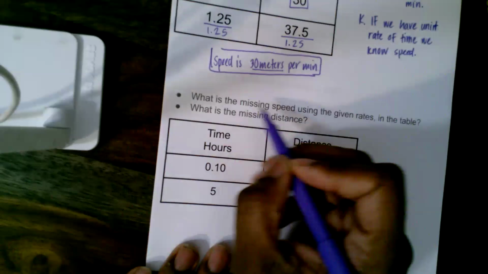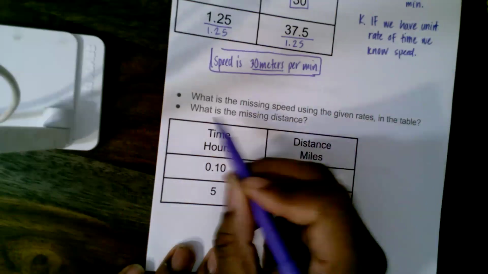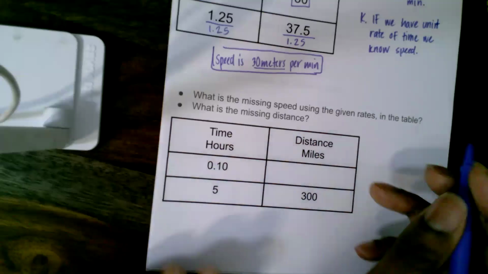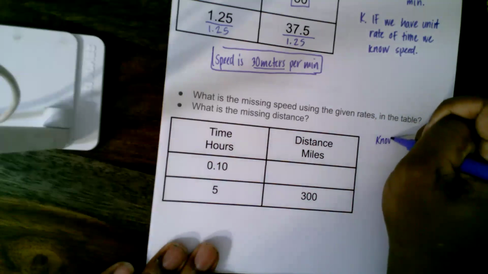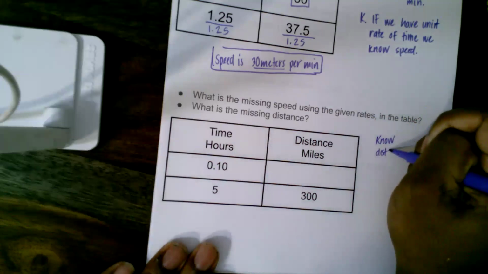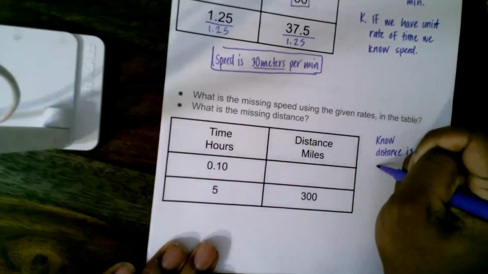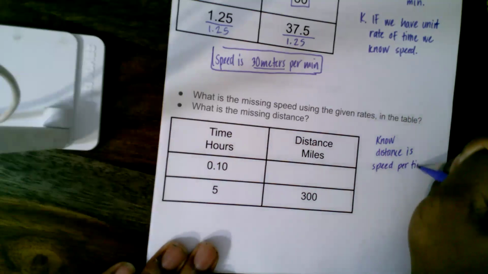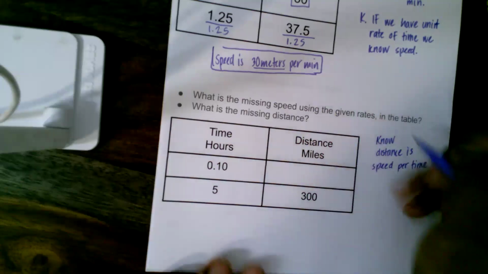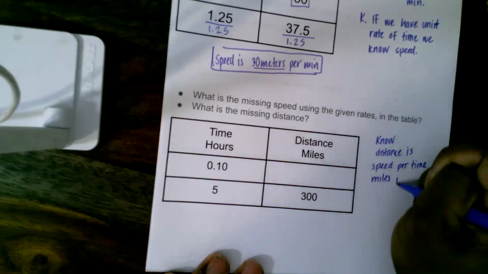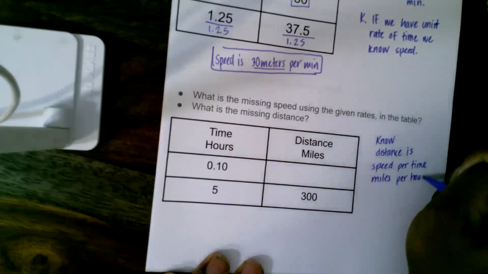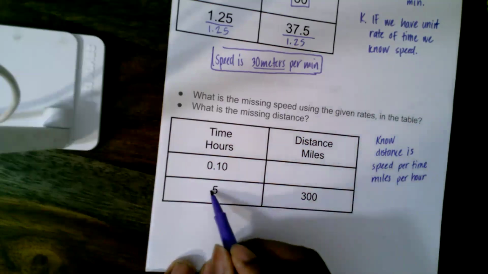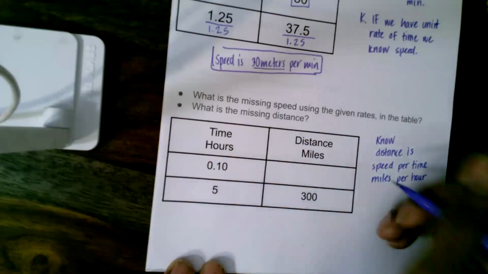What is the missing speed using the given rate in the table? What is the missing distance? But we know that distance is speed per time. And in here, the speed is miles per hour. We know that to define the time, per means 1.